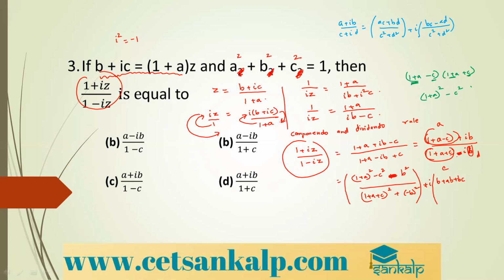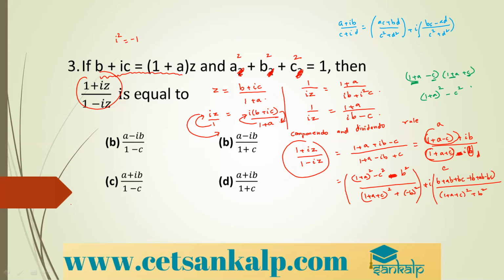So minus, and here one more minus is there, so minus and minus will become plus. Now you have to just multiply a and d. So when you multiply a and d, what will you have? b plus ab minus bc. Denominator same, 1 plus a plus c whole square plus b square.